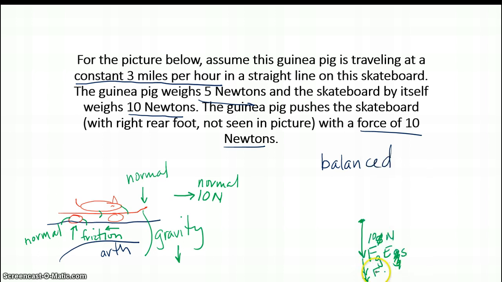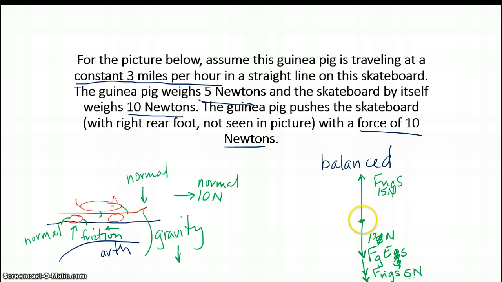Then I have a normal force pointing down between the guinea pig and the skateboard, and that's 5 newtons. So the upward force, because it has to be balanced, that the ground is exerting onto the skateboard is considered a normal force. And that's going to be the sum of these here. We have 10 newtons and 5 newtons. That works out to be 15 newtons.